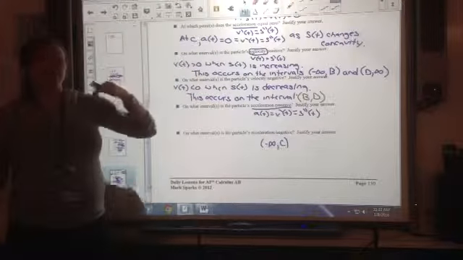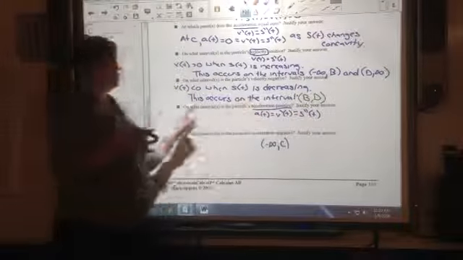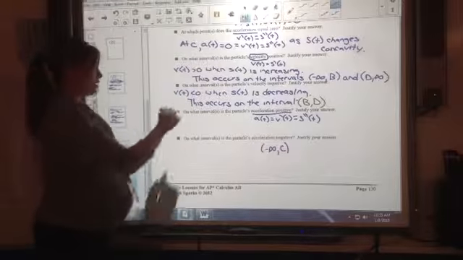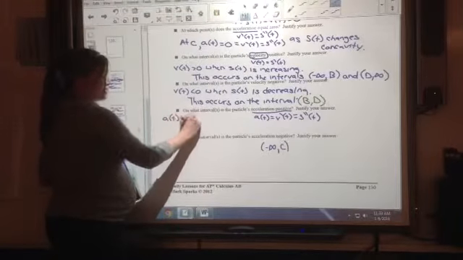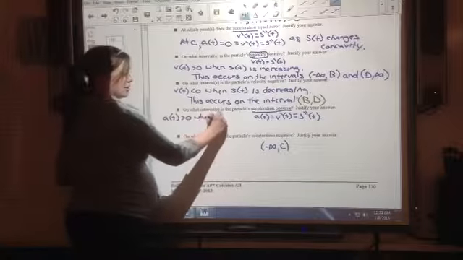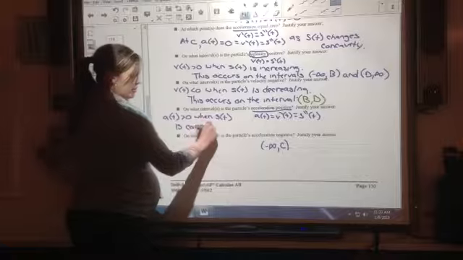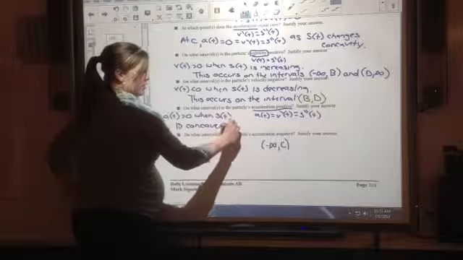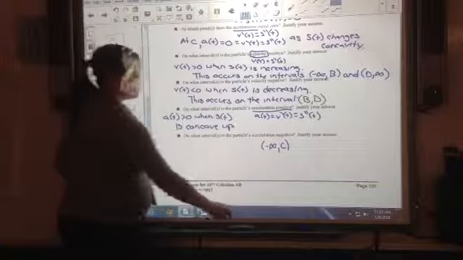Think about this. When S double prime is positive, that means S of t is concave up. So I'm going to actually write that first. Acceleration is positive when S of t is concave up. So I'm justifying this even before I get to the next part.